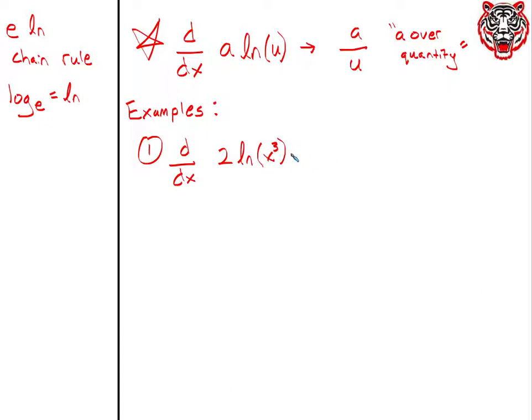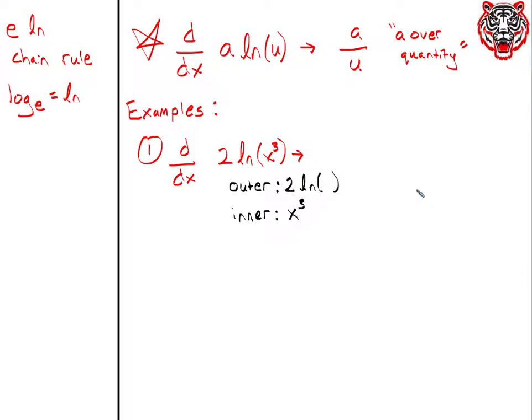All right, so what does that turn into? Remember, let's analyze this first one a little bit more. So what is outer? And what is inner? Pause me now, go ahead and find these. All right, now that you've unpaused, outer is 2 natural log of something. Inner is x to the power of 3.